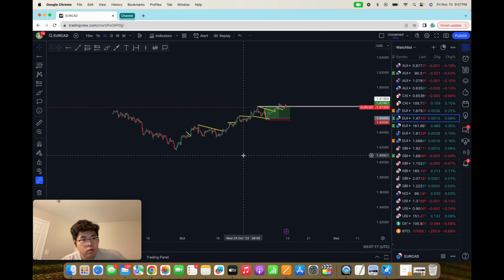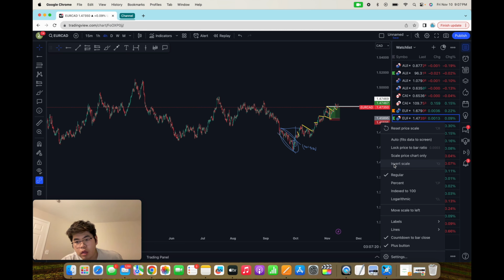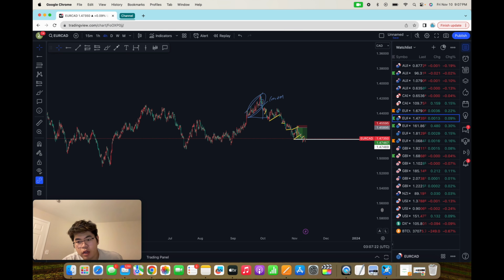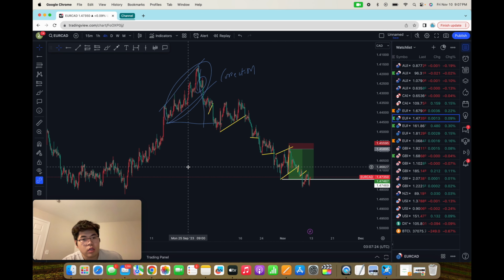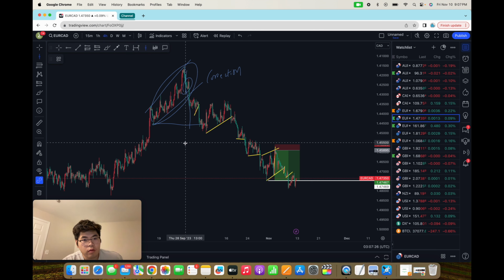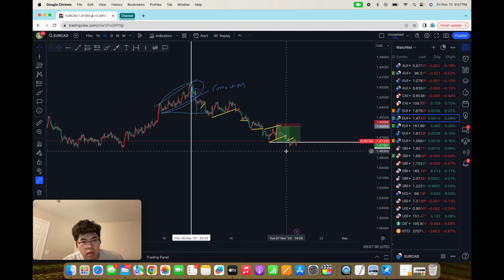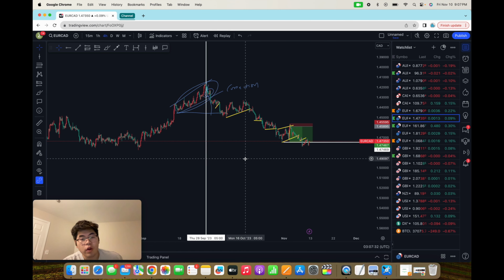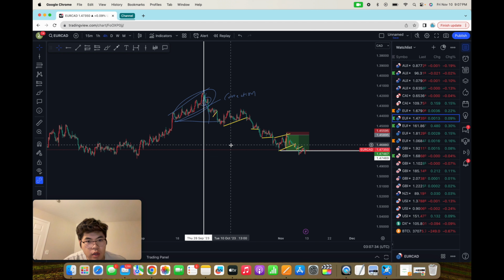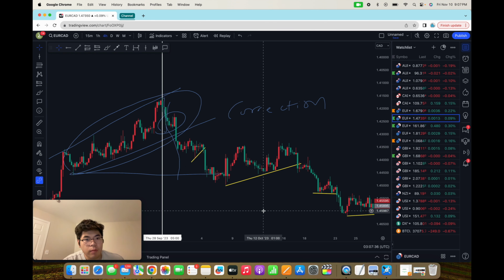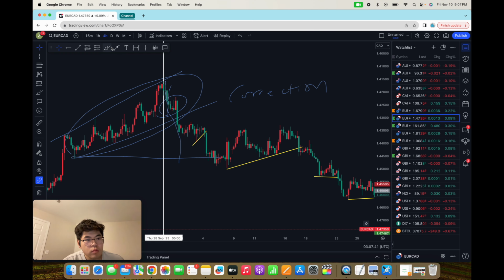This area, right? EuroCAD. The reason I took this trade was because this leg right here is showing that it's becoming a trend of continuation, right? So first, what happened was it was a breakout, an impulse move, followed by a correction and come to the downside.